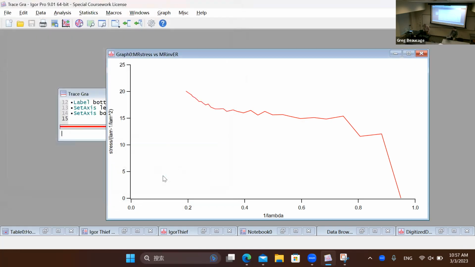All right, so we got that. So anyway, that's how you do it. You can see this is a simple thing to kind of mess around with in Igor, but there's a lot more you can do. You can write programs.